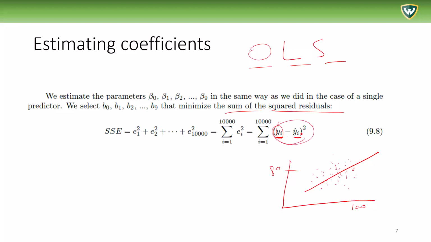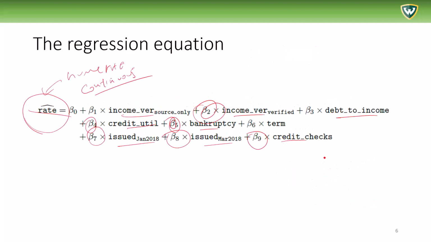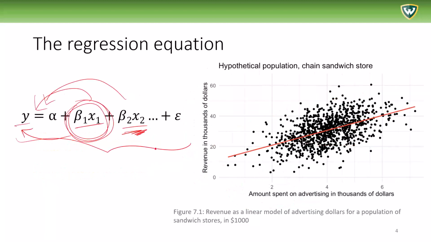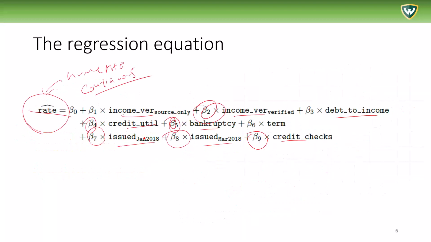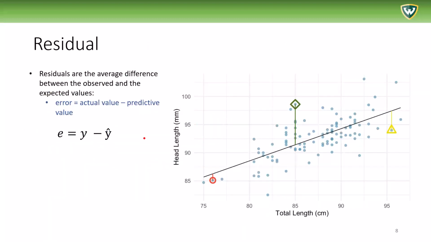And then the sum of squared errors is the sum of all of these differences between the line and the points, and that's the error, the E that we see here. And also there's another image over here. So these are the residuals, and what the regression algorithm does is find the line that minimizes the distance of all the points to the line.